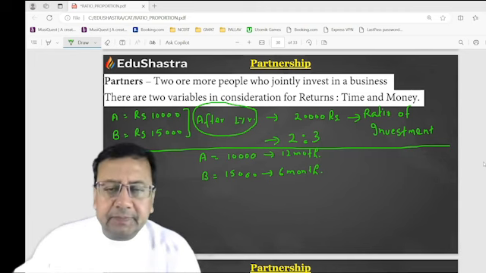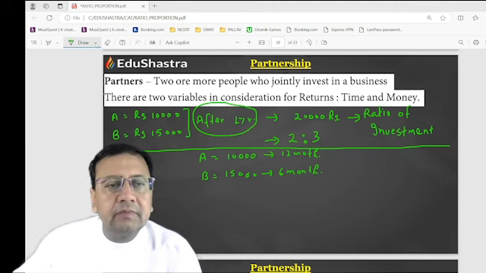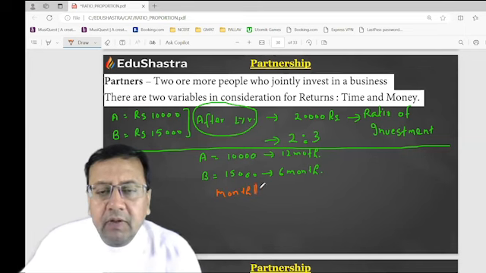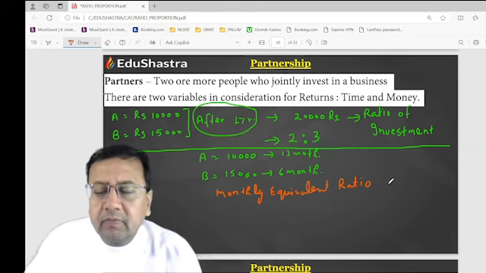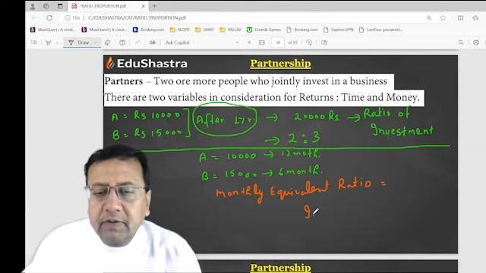Okay, okay. So, in this, what we calculate, we have monthly equivalent ratio. And what is this monthly equivalent ratio? This is price, or better word is the investment, because we are talking about the investment.